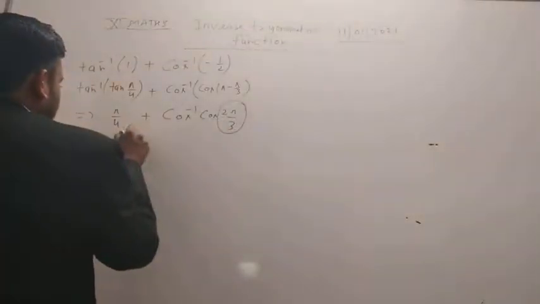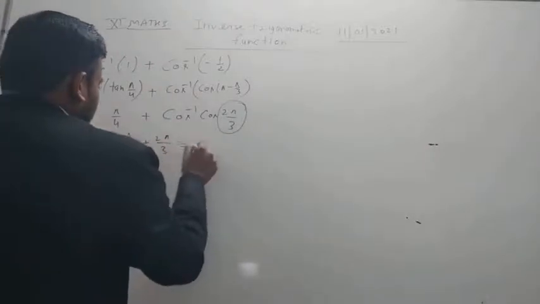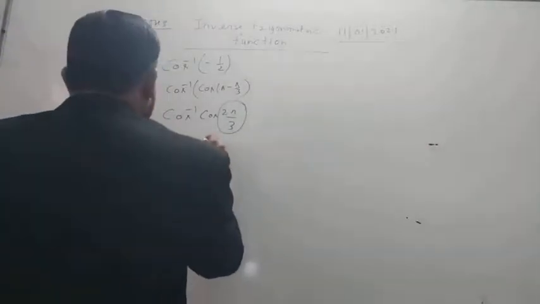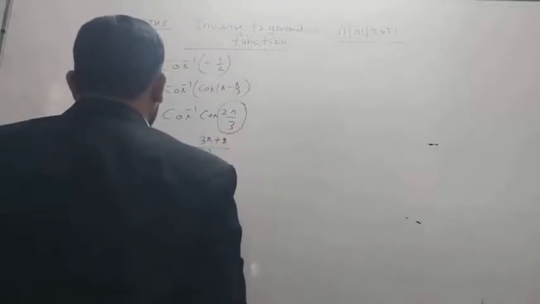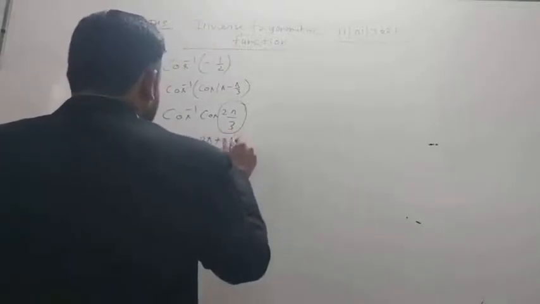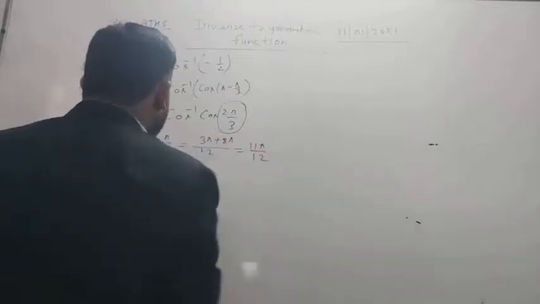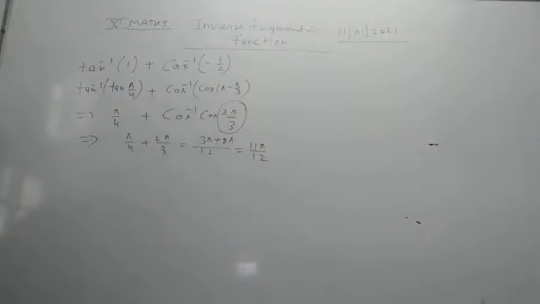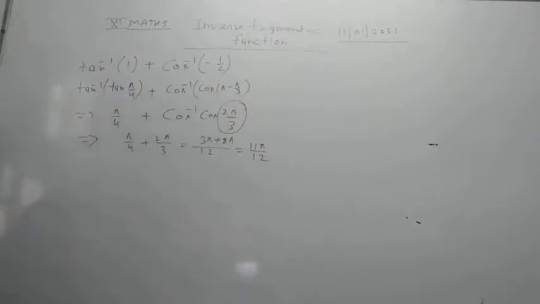So we can write pi by 4 plus 2 pi by 3, and when we solve, we get 3 pi plus 8 pi, so it will be 11 pi by 12. This will be our principal value for that question.